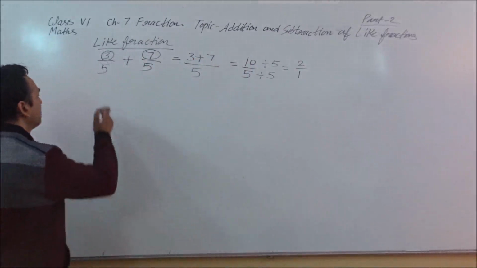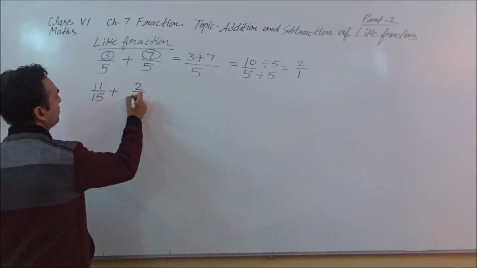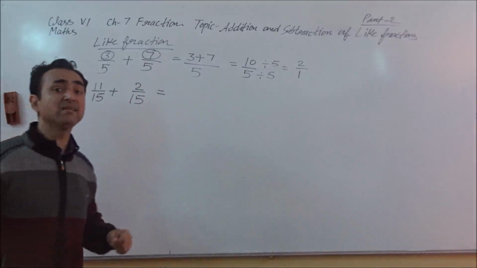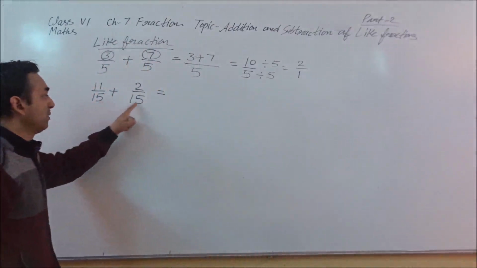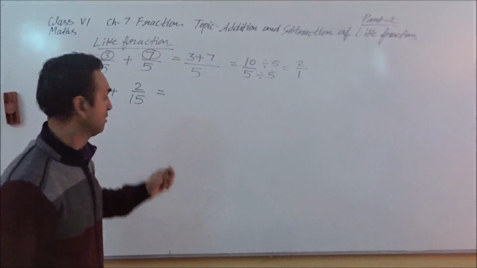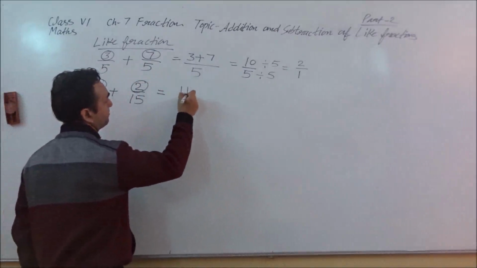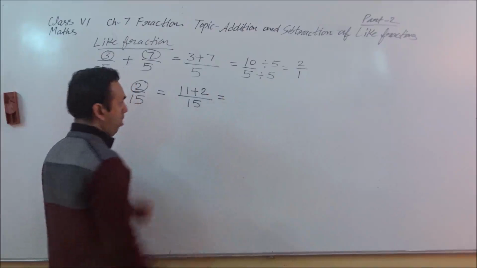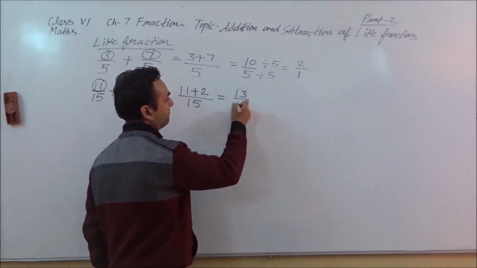Let's take one more example, like 11 upon 15 plus 2 upon 15. Again, you will check whether the fractions are like or unlike. How? Denominators 15 and 15 are the same, so it is a like fraction. So now we can easily add the numerators. 11 plus 2 divided by 15. 11 plus 2 is 13 upon 15.